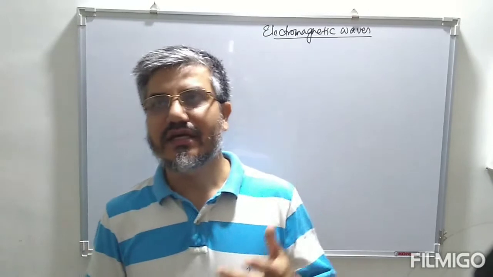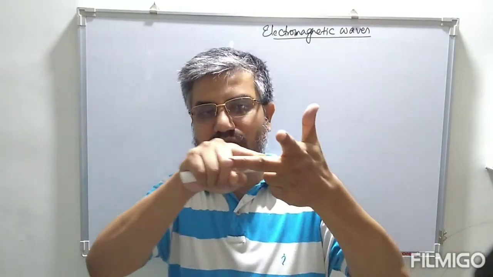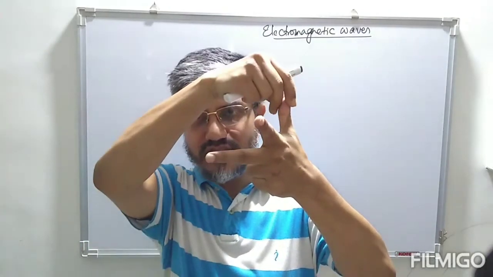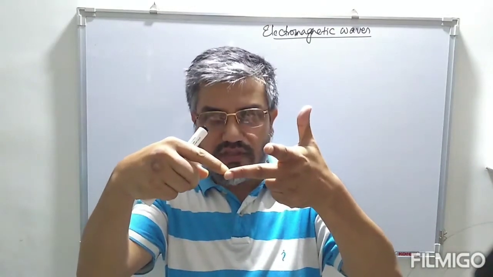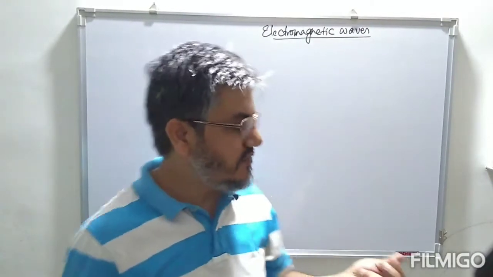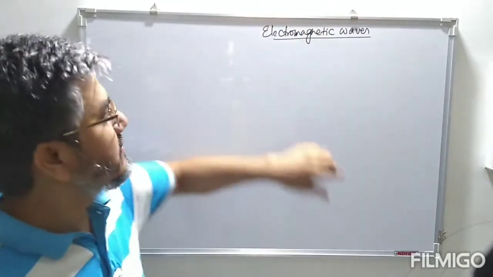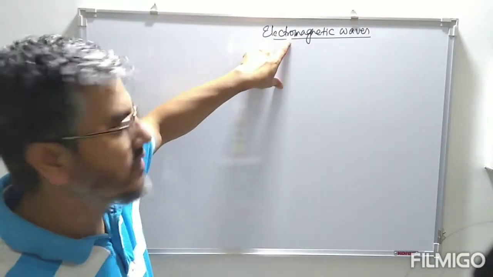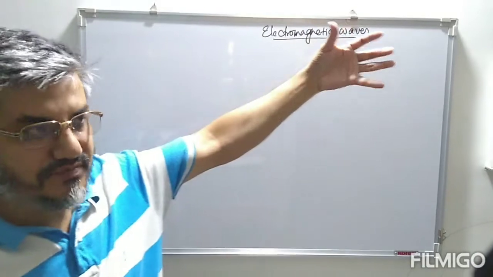That means if the wave is moving in one direction, that is the direction of propagation, then the electric field component is along one axis and the magnetic field component is along another.